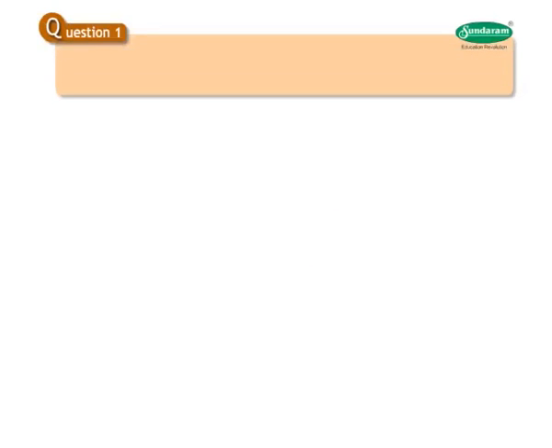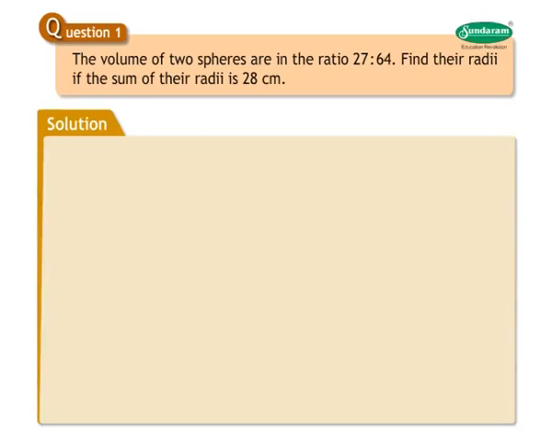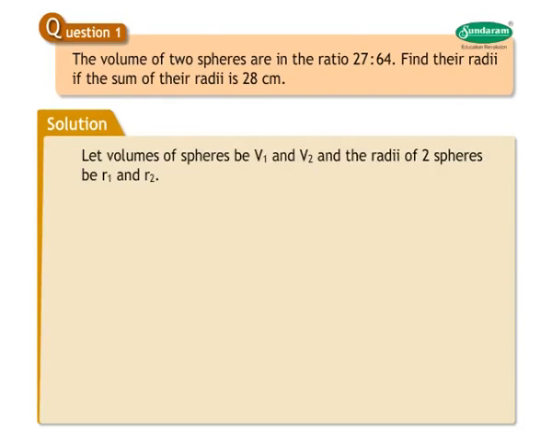Question 1. The volume of two spheres are in the ratio 27:64. Find their radii if the sum of their radii is 28 centimeters. Solution. Let volumes of spheres be V1 and V2 and the radii of two spheres be R1 and R2.